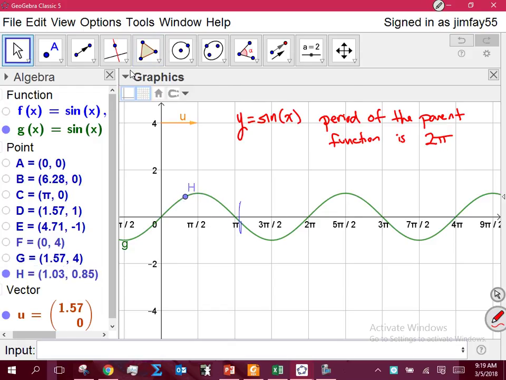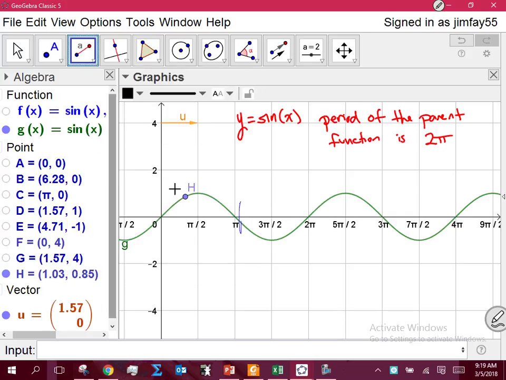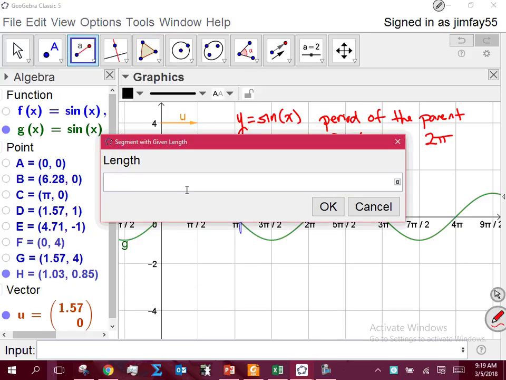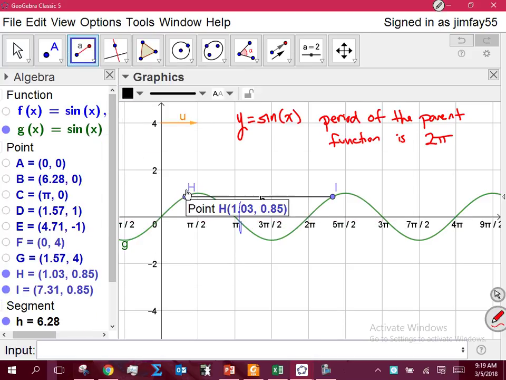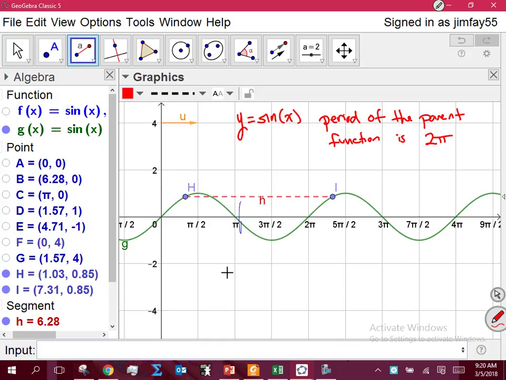If I take H and I want to add to it 2 pi, so I'm just going to do this with a segment length of 2 pi. And we see then that when we do that, that red dotted distance is 2 pi. Is that okay with everybody? You can see that down here as h being 6.28. That's the length of 2 pi.